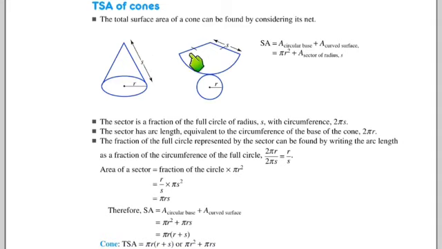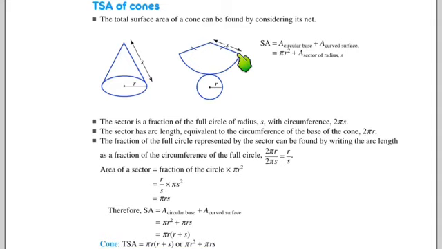Now, this is called S for the slanting or sloping side, and this equals this. And this thing here is actually just a sector of a circle. I know, shock horror. It's a sector of a circle.